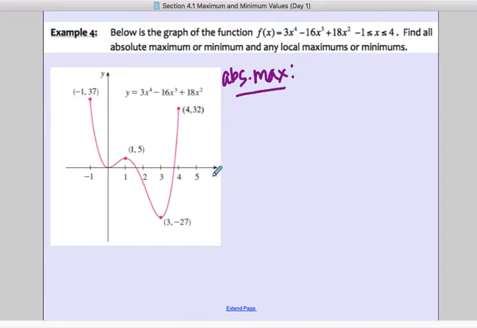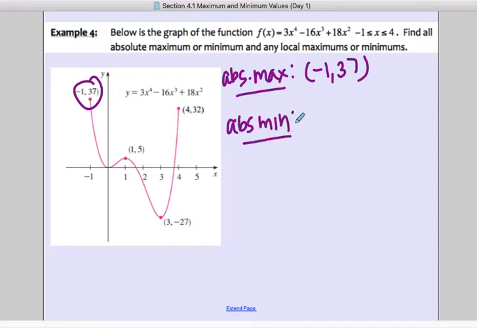Who is the very highest point? Right here. So it's -1, 37. Then let's find our absolute minimum. Where is the lowest point? 3, -27. That's our absolute minimum.